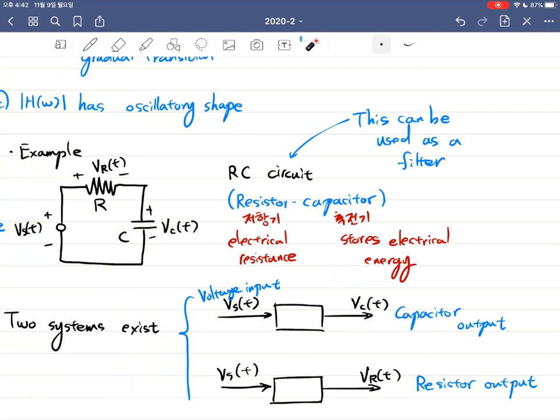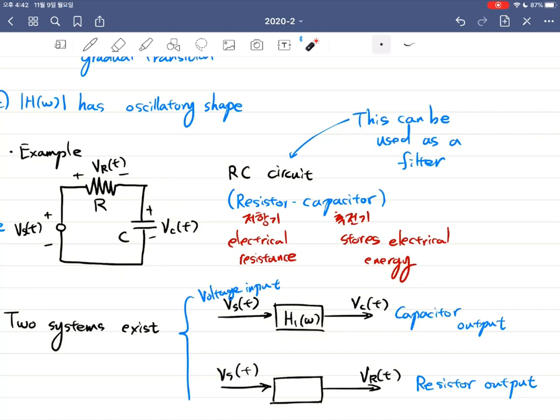With the voltage input and capacitor output, I will denote this system as H1. We're dealing with continuous signals, so I will represent this frequency response in small omega.